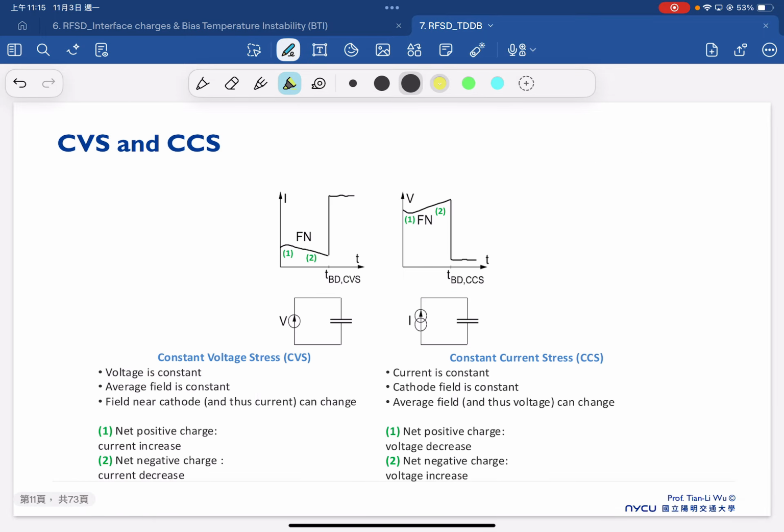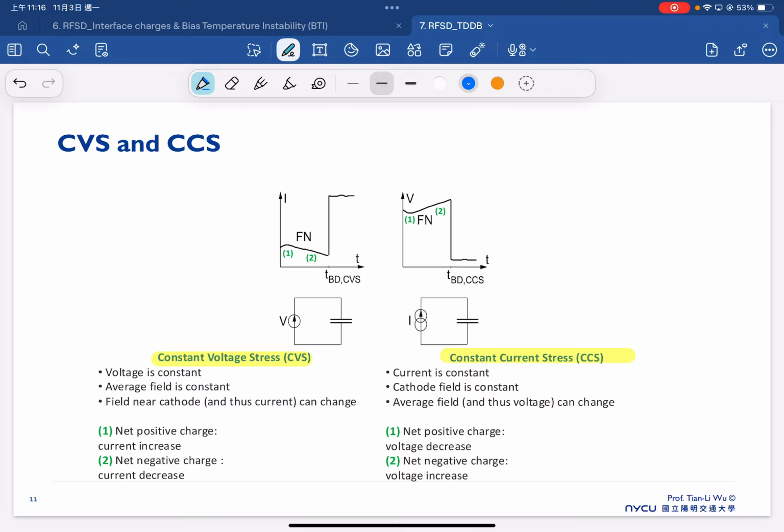And also, there are two common testing methodologies we call constant voltage stress or constant current stress, where constant voltage stress is the most common one we use nowadays. But to understand the mechanism, sometimes we also prefer to use constant current stress.